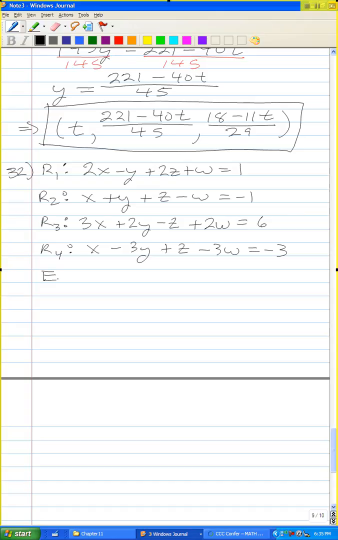So let's eliminate z. And so let's add R2 plus R3.